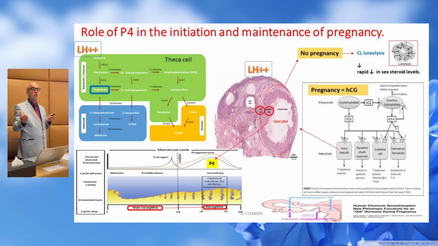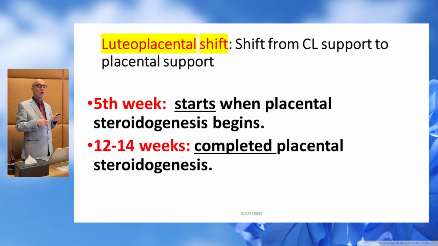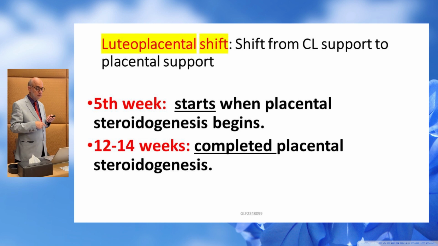But if pregnancy occurs, the syncytial trophoblast of the embryo will supply the corpus luteum by HCG, which is a surrogate to LH, to continue to secrete progesterone. And this starts at 5 weeks after pregnancy and is completed at 12 to 14 weeks.